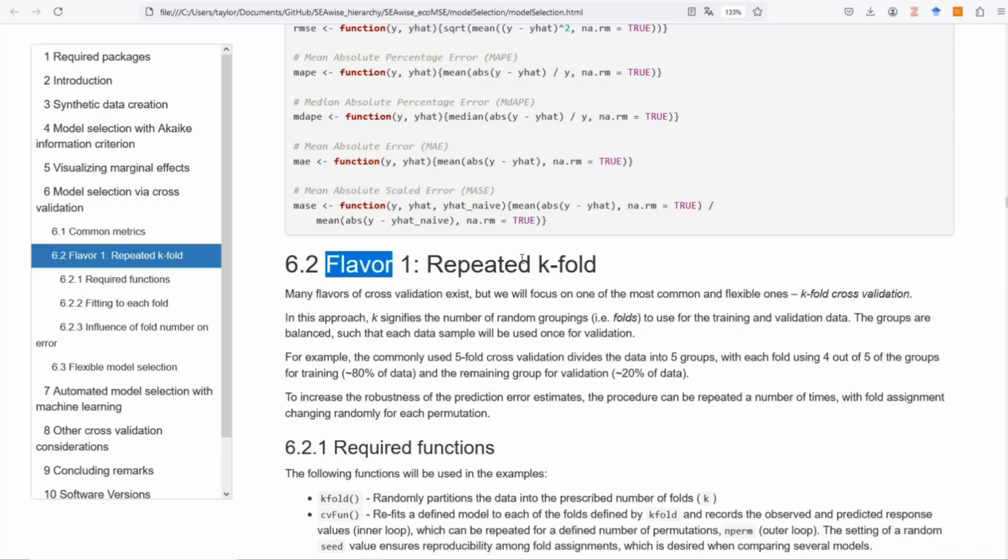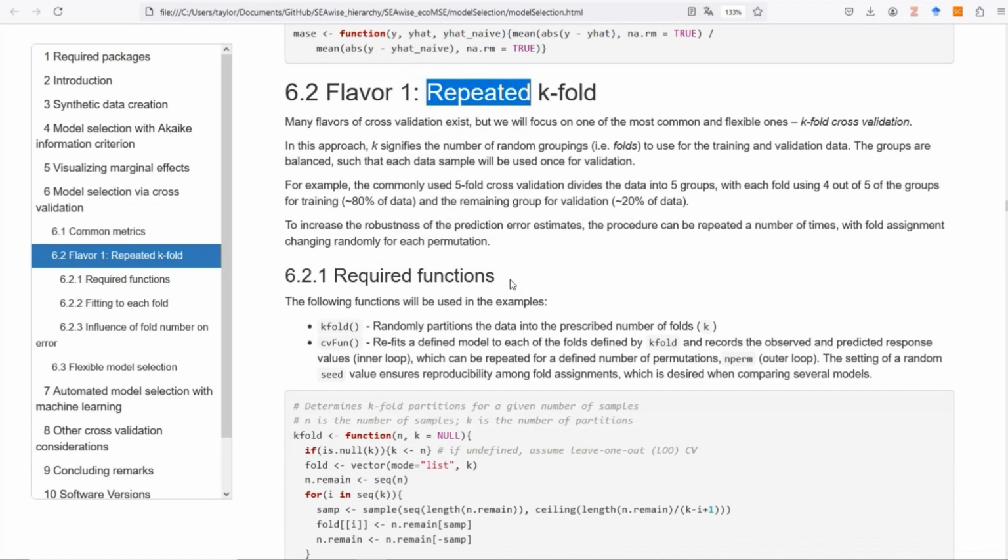But one that's very common is called k-fold cross-validation. And in this case, I'm going to be doing a slight variant of that, which is a repeated k-fold cross-validation that we run several times for a bit more robust output.